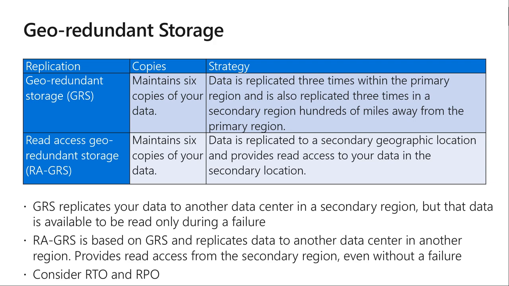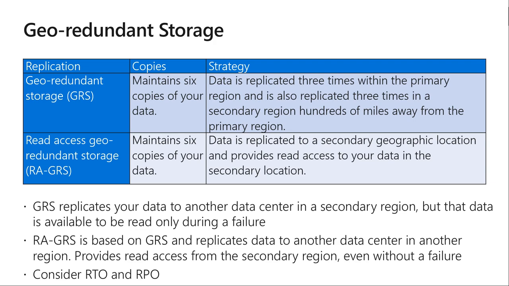So if you opt for the GRS, you have two related options you can choose. The GRS replicates your data to another data center in a secondary region, but that data is available to be read only if Microsoft initiates a failover from the primary to secondary region. The read access geo-redundant storage is based on the GRS.